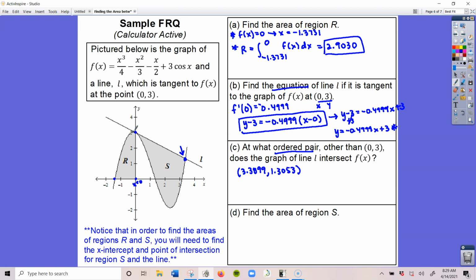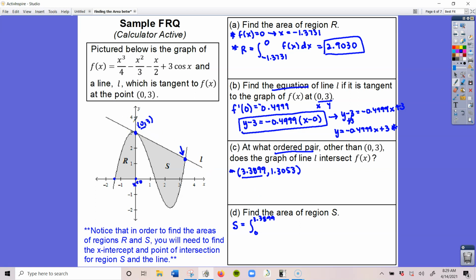And their points of intersection are this one here, which is 0, 3, and this one here, which is this coordinate that we found. So when I write out my integral, the region S is going to be from x is equal to 0 to x is equal to 3.3899. Remember that these limits of integration are x's, so make sure that you use the x values.